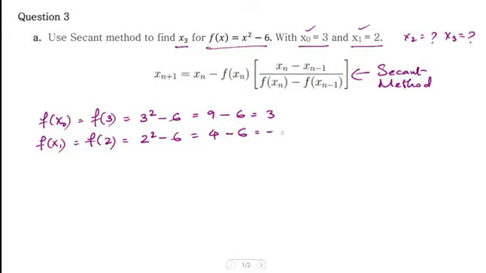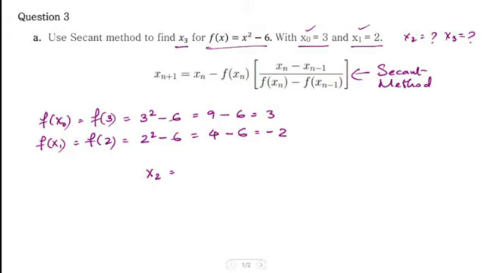Once we have both of these, we can use our secant method formula to get x2. That's x n plus 1, where xn for us is x1. Maybe let me just write it down as it is for the first one, because it can get tough later on.